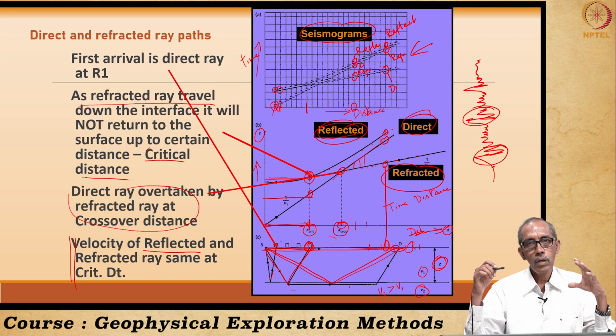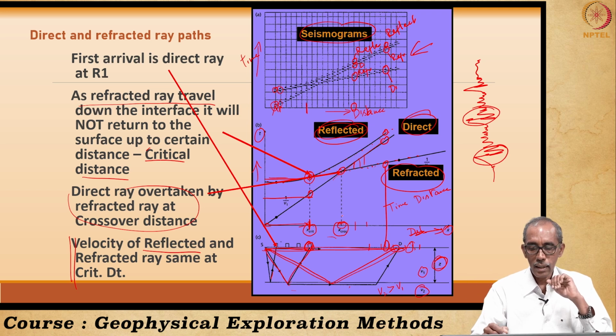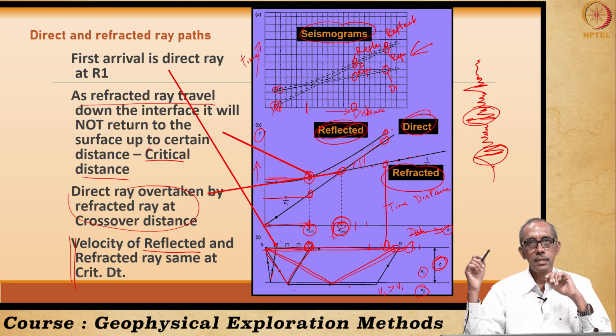If thickness is more, reflected signal takes more time. The third important point here is refracted signals are the ones that are received first by the geophones beyond a certain distance. That distance is known as crossover distance.